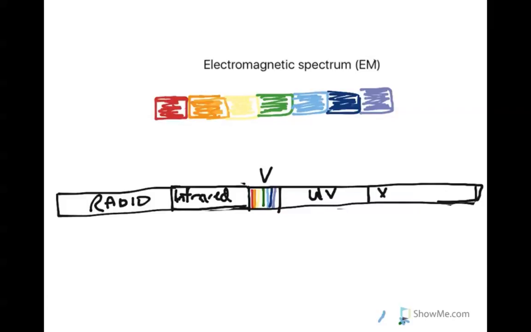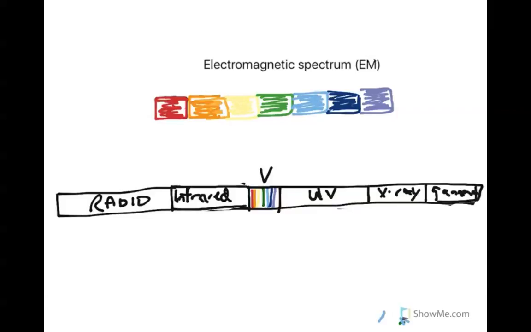And then you've got the X-rays. And then finally you have the gamma rays. So the visible band is a very, very small band in the very long band of electromagnetic spectrum of light.